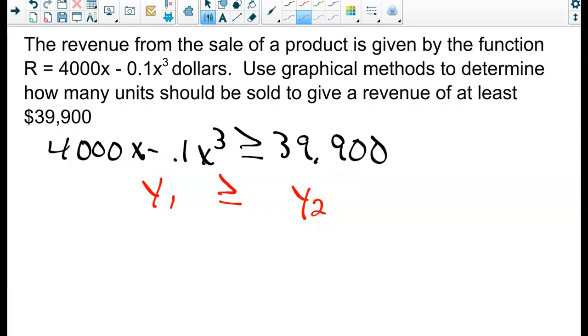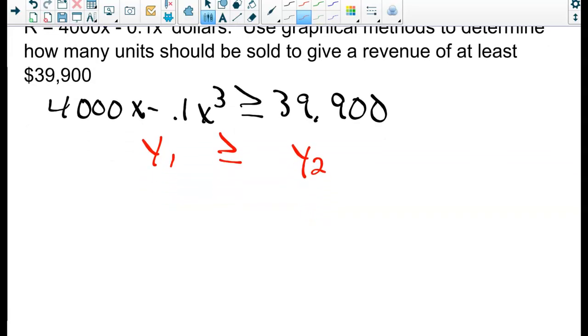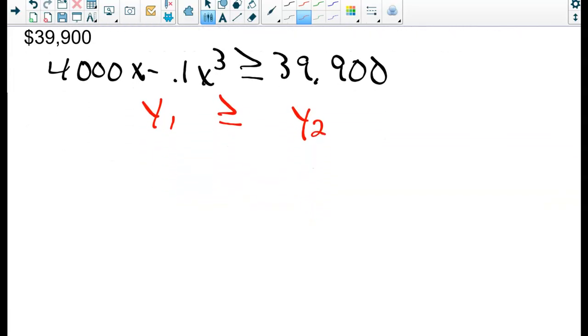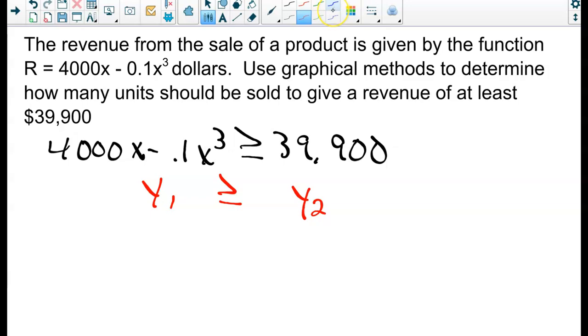Okay, so I'm going to go ahead and graph it. A little bit different than what we've been doing with the asymptotes. There are no asymptotes on here because this is not a fraction. If it was a fraction, we'd have to worry about the denominator not equal to 0. That'd be the vertical asymptote, and the degree of the top and bottom.